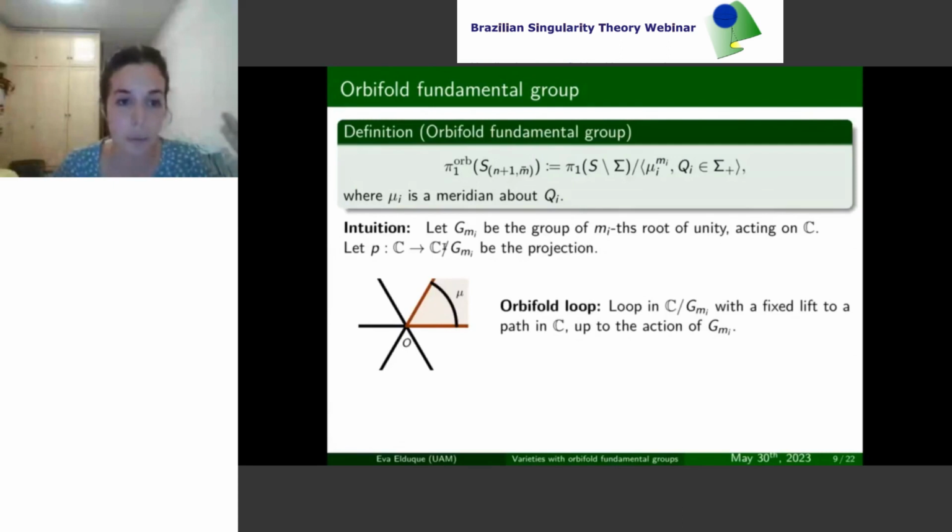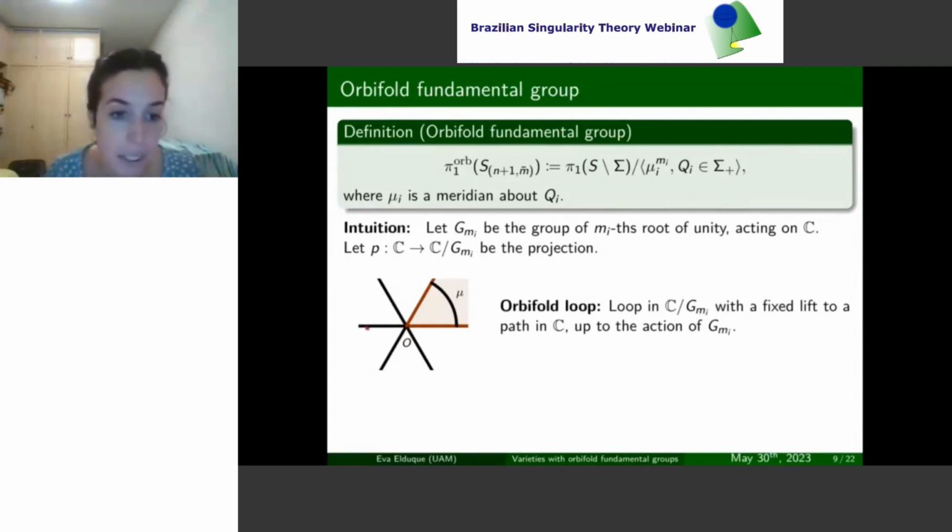So if you define the orbifold fundamental group just to be the fundamental group of the quotient, you wouldn't be getting information about how this quotient singularity at the origin was attained or anything like that. So what you have to think about here in C, you have a point, the origin, which is gonna have multiplicity.